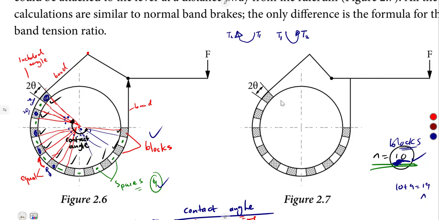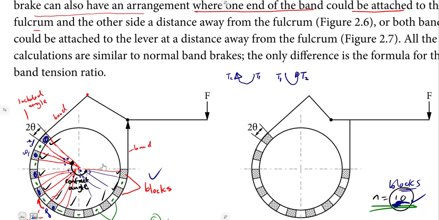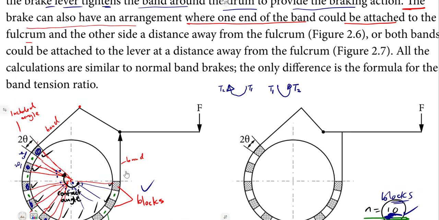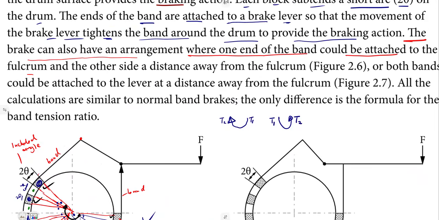So one will be on the fulcrum. So this is the condition of Fig 2.6, all right? So that is what we are having there. It can be attached to the fulcrum and the other side a distance away from the fulcrum, which is this one.